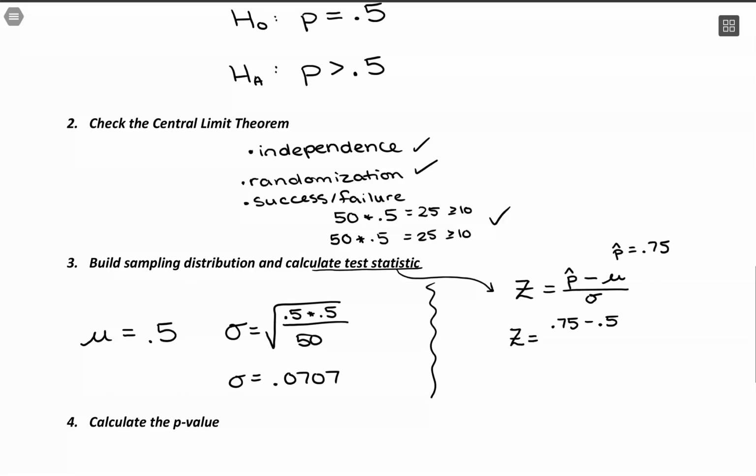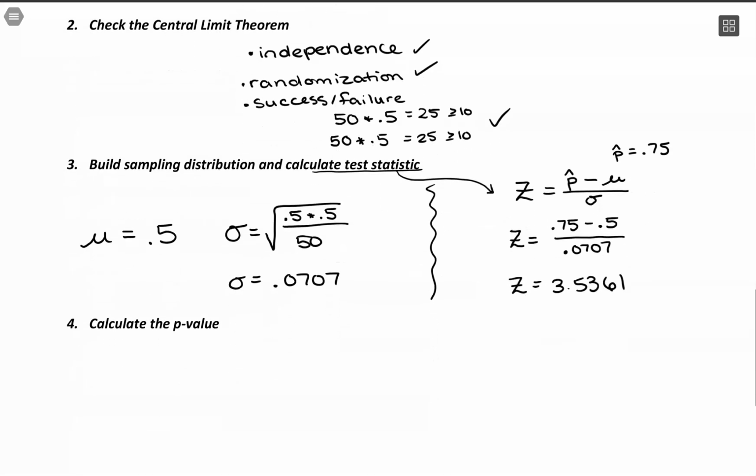Comparing it to the 0.5 and then over the standard deviation of 0.0707, that z-score in this case would be 3.5361. Which, in terms of unusual z-scores, usually over 2 away, gives you a glimpse that this is an unlikely scenario. This 75% occurring as a sample is unlikely. But this test statistic is a way to get an idea of that.